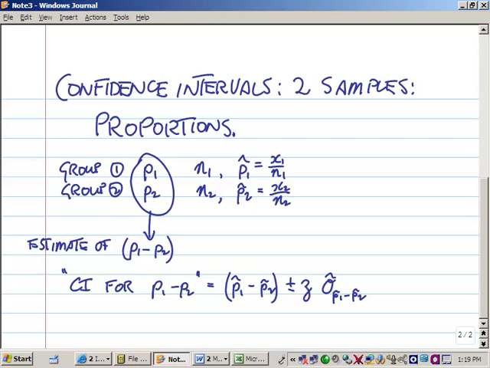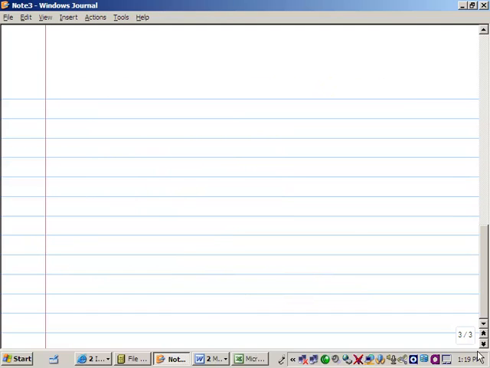The z-value is the same as how we've done the z-value thus far for confidence intervals, and the standard deviation, I need to show you the formula. Sigma hat with a subscript P hat 1 minus P hat 2 is the estimated standard deviation, hence the hat on the sigma, of the sample difference, which is P hat 1 minus P hat 2.